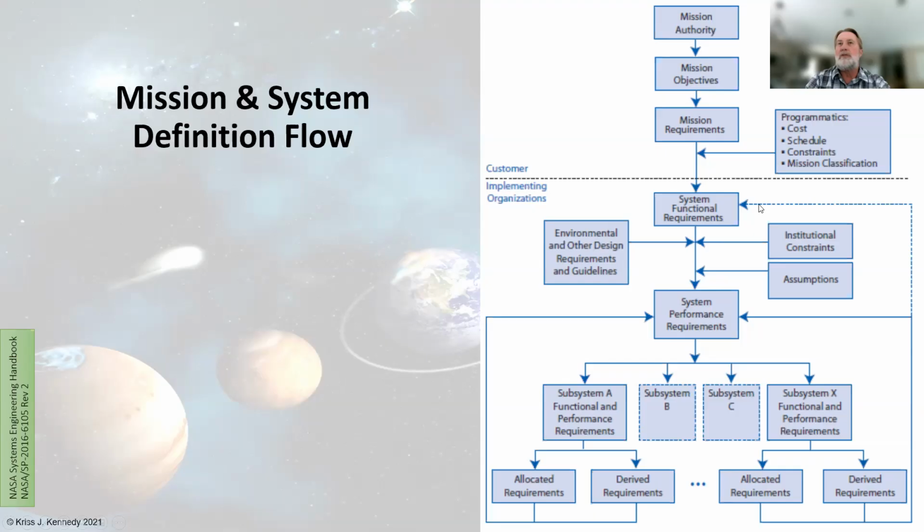Then you get into your implementation from the organizations, your system level functional and requirements development definition, looking at the environmental and other constraints and requirements that are inputs, institutional constraints, your assumptions that go into it, and then you get into your system level requirements definition, and then further break them down into subsystem levels, and further break them down into allocated and derived requirements.